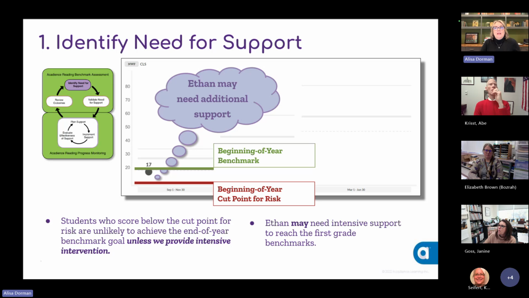So the way we can confirm that is that we can say, okay, let's take the student and let's check them 2 more times within the same week, but not on the same day, and get some validation points that confirm our initial result. You do not have to do step 2 for every student, but you can do step 2 for any student where you would like to have confirmation. So in this particular example, we think Ethan, the student, may need support.